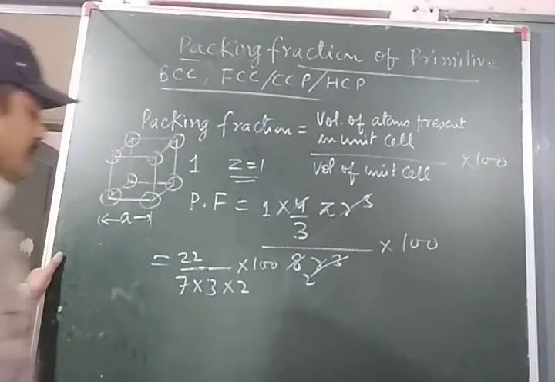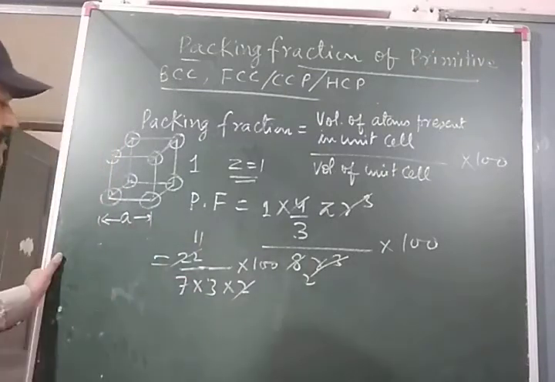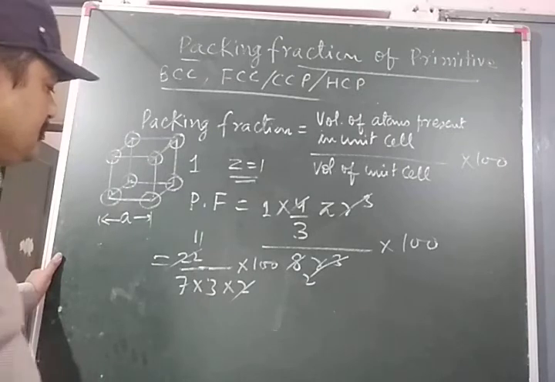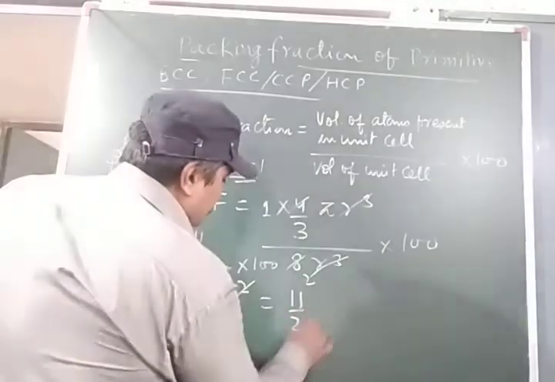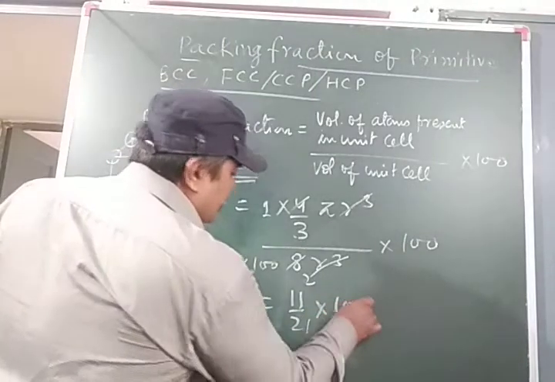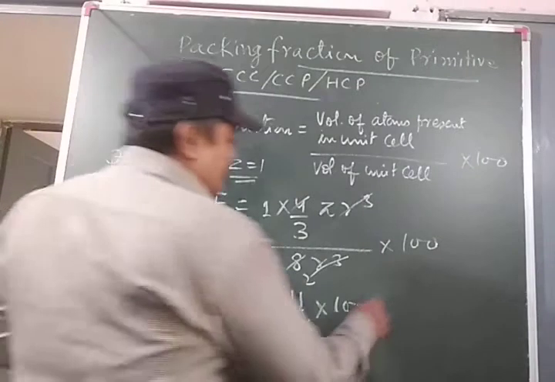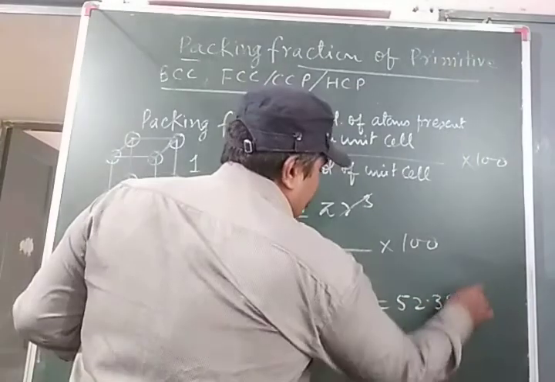This 2 cancels with this 22, 11 times. So this is equal to 11 upon 21 into 100. On solving this, we get 52.38%.